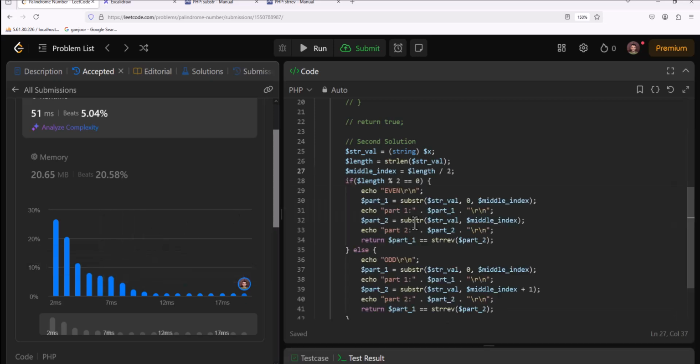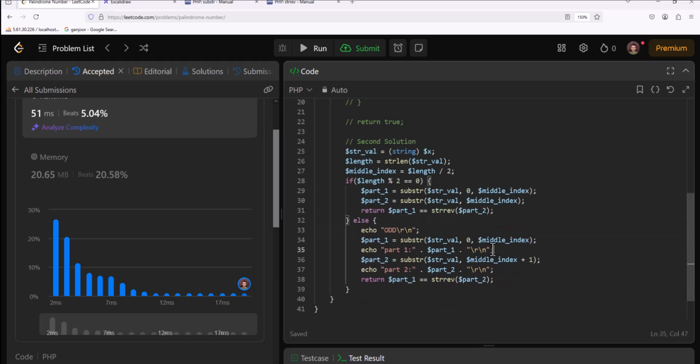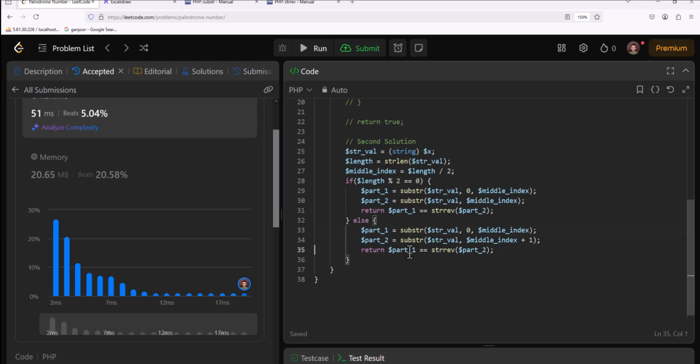Let's check this. Let's refactor this because, as I can see, this is a repetitive line.